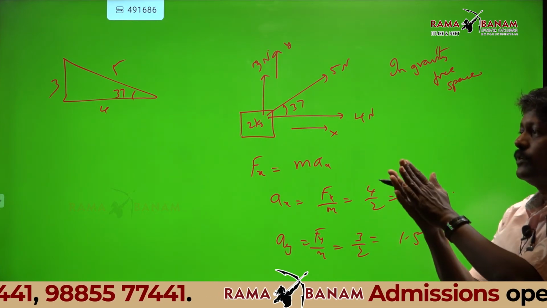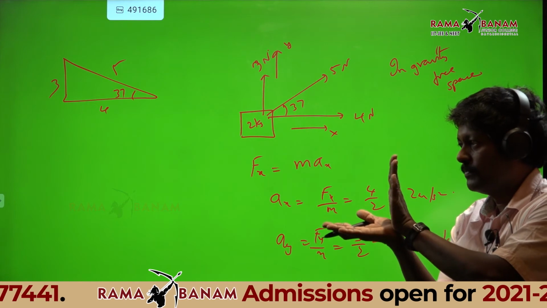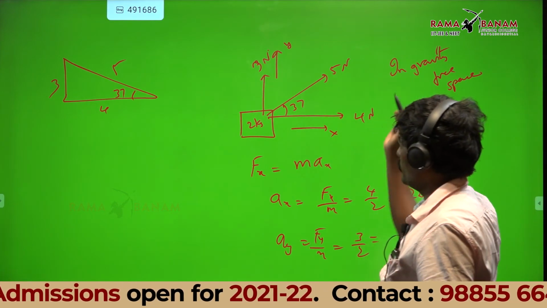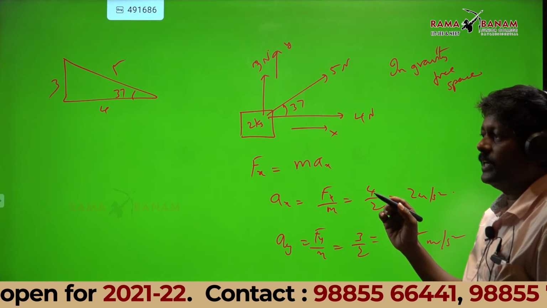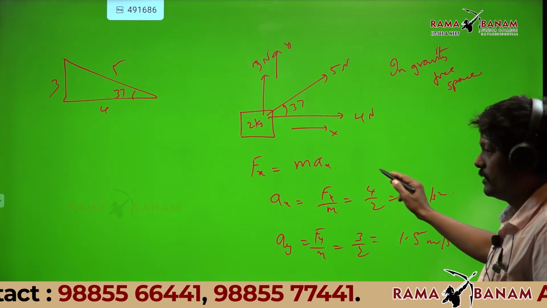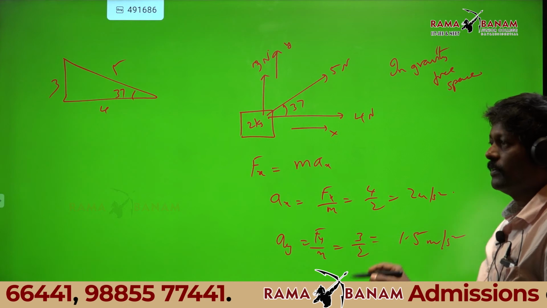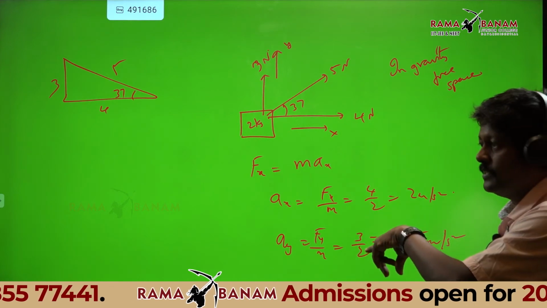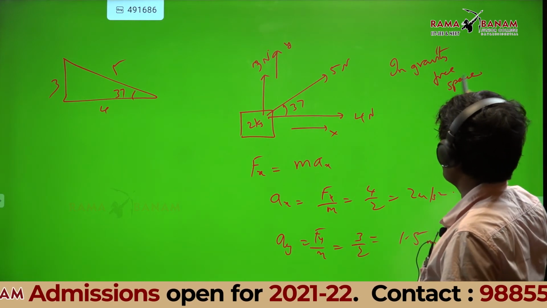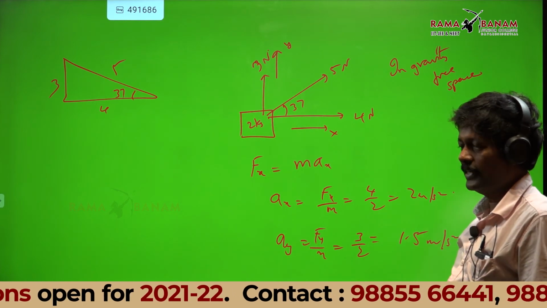It is a two-dimensional motion. The body may be going like this somewhere. Did you understand? It is having acceleration of 2 meter per second square in the x direction, and 1.5 in the y direction. This is the condition when you put the body in gravity free space. Write down that one.